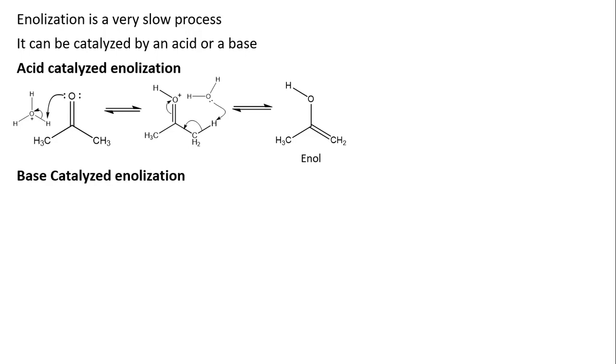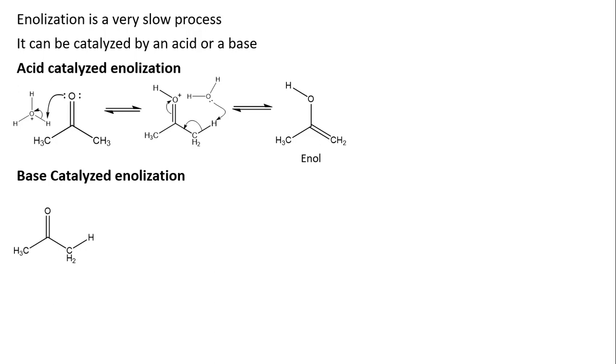So now let us see the base-catalyzed enolization reaction. Let us see it for the same substrate. The base will first attack the alpha hydrogen. As I said earlier, the alpha hydrogen is acidic in this case.